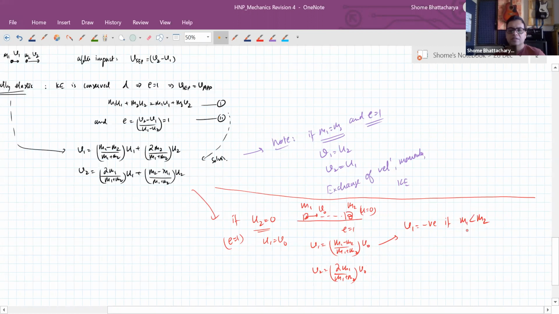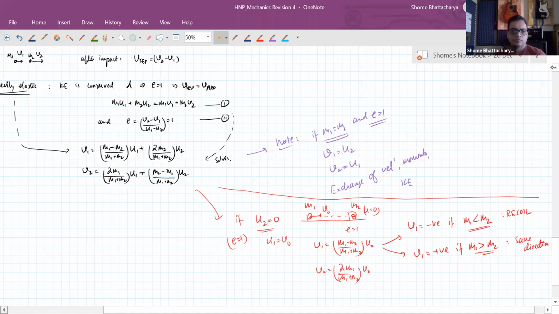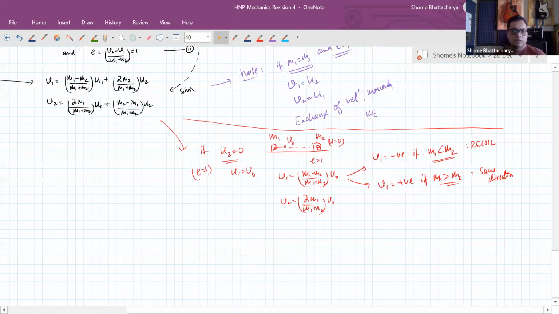So if m1 is less than m2, there is a case of recoil, whereas v1 is positive if m1 is heavier than m2. So it continues in the same direction. It does not recoil. It only slows down. So there's another interpretation of this equation that you should keep in mind, apart from the direct formula.